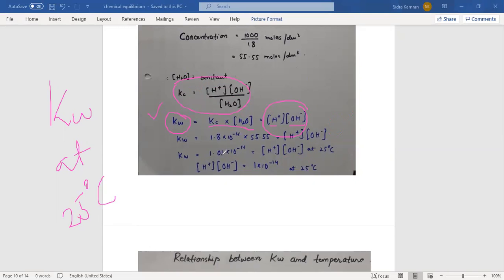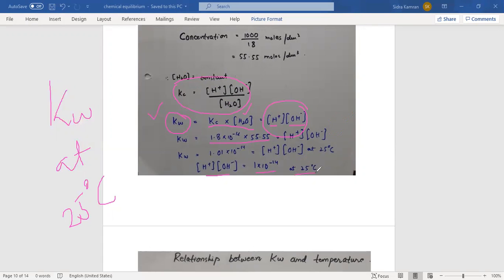So put in the values. Kc is equal to 1.8 × 10^-16. The concentration of the water is 55.55 moles per dm cube. Multiplying these values, it becomes 1.01 × 10^-14. Here you can see the ionic product of water has a value of 1 × 10^-14 at 25 degrees Celsius.